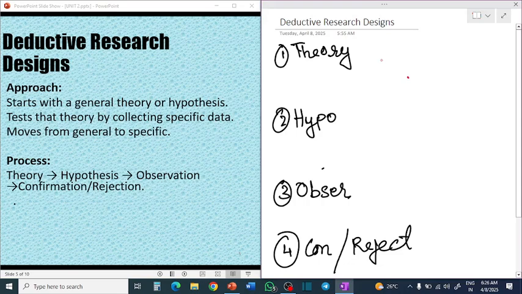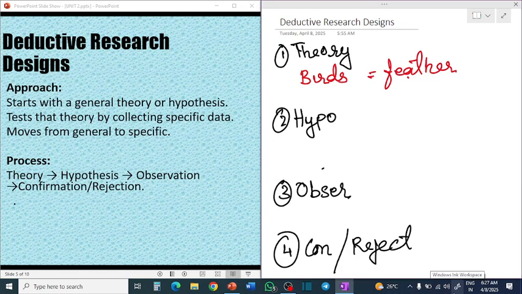Suppose there is the theory in deductive research design that all the birds have feathers. So this is a theory that you are doing research on, that all the birds have feathers. Now when you are giving the hypothesis, you will have two hypotheses. One is null hypothesis and one is alternative hypothesis. So one is the opposite of the other.